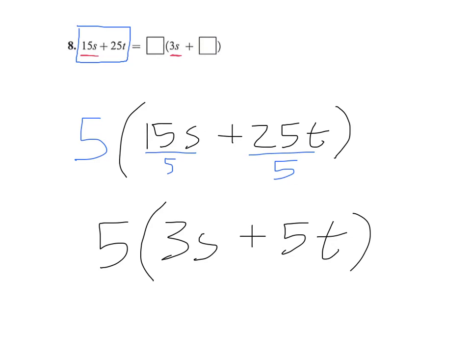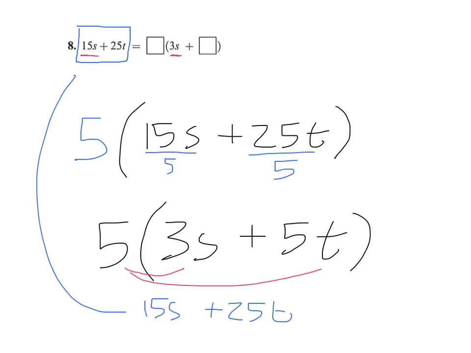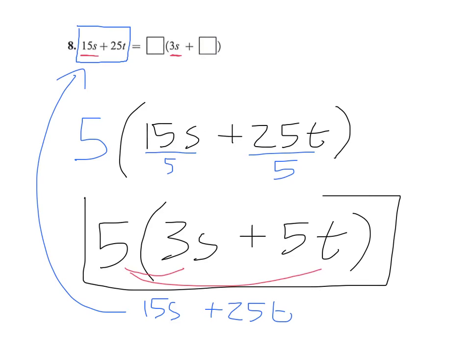We're just doing the opposite of distribution. And if you want to check at the end, when this shows up on a quiz, you can redistribute this really quickly: 5 times 3s is 15s, plus 25t, and you can double check that and say, oh yeah, that's my original thing. So we're really just doing the opposite of distribution.